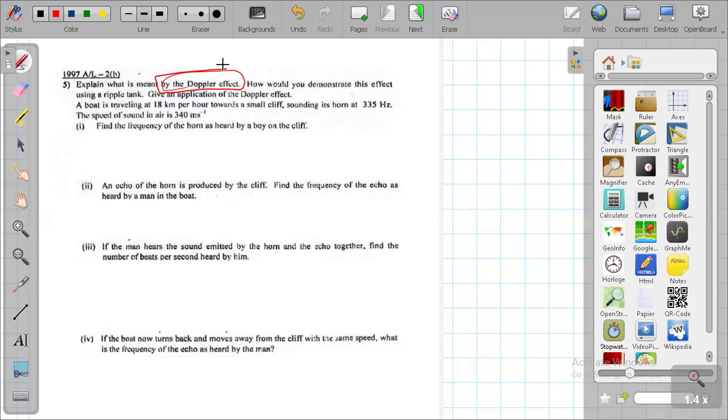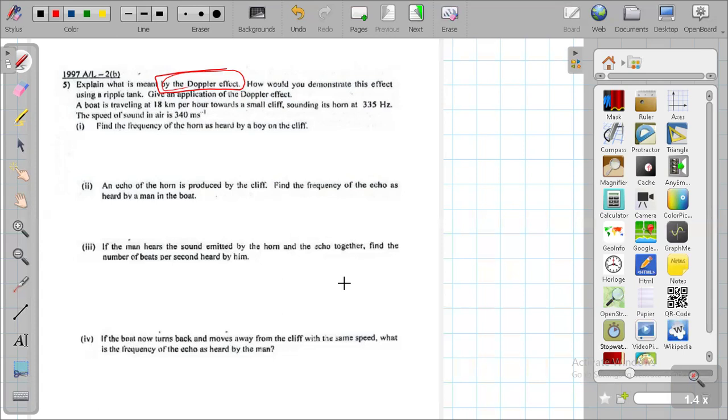So we have to say the change of apparent frequency of a certain source of sound due to relative motion between the source and the observer. You have to write that.